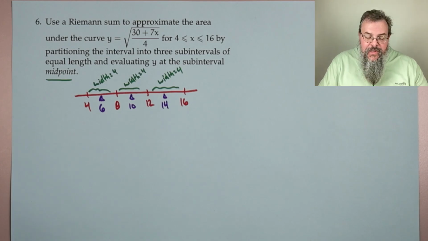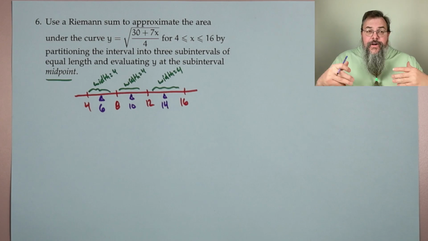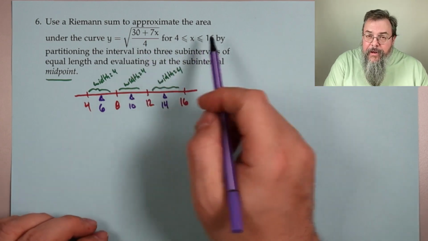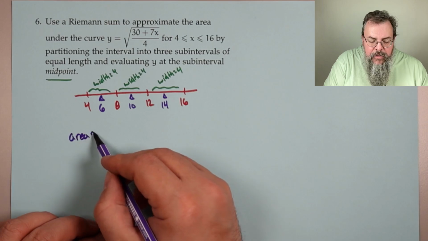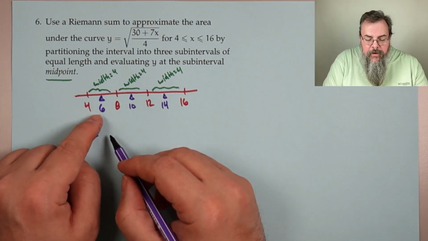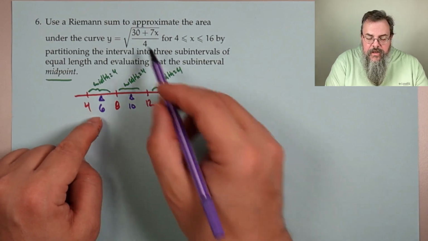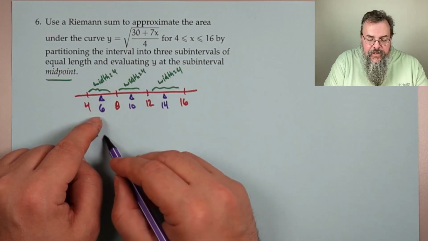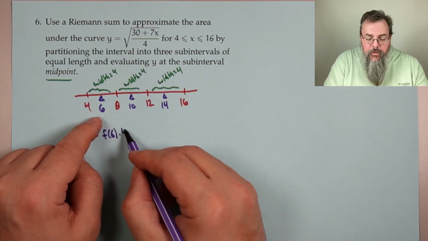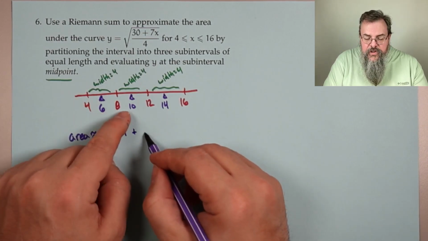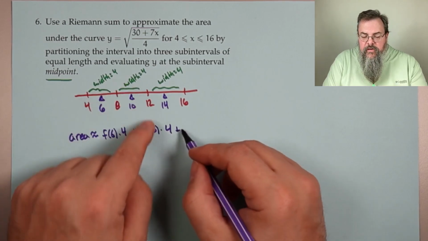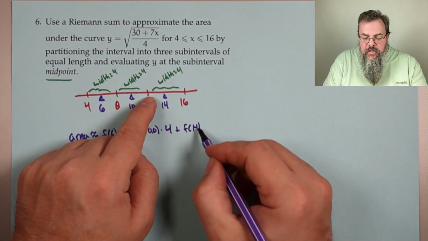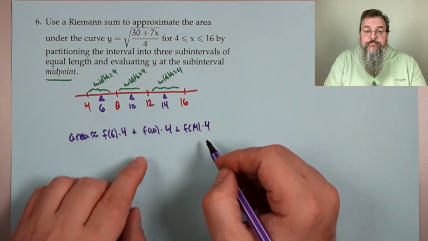Okay, so because we're told to find an approximation for area, our area is approximately our function at 6 times 4, plus our function at 10 times 4, plus our function at 14 times 4.